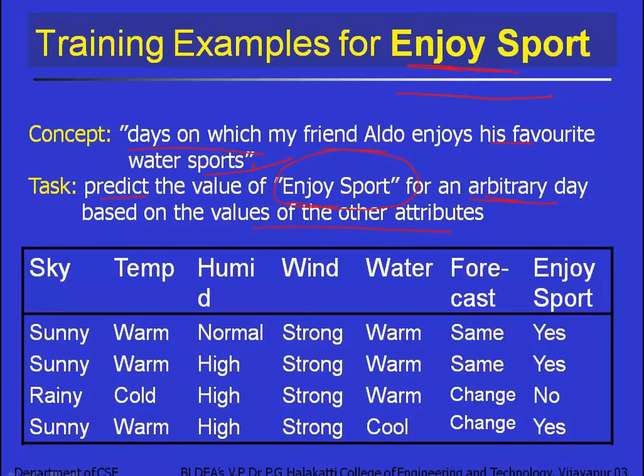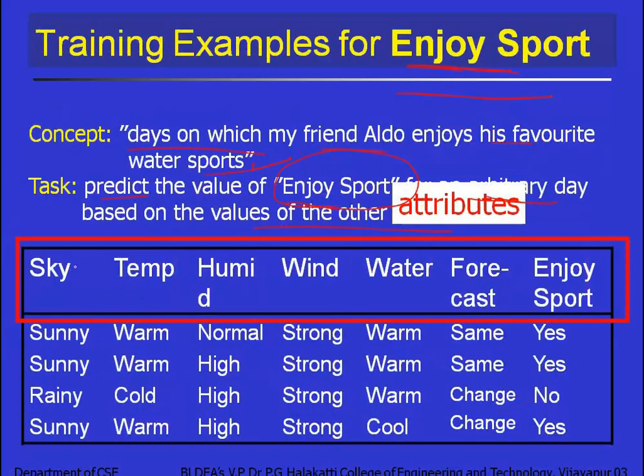See, this is in a training data set here. There are attributes here. Sky is an attribute, temperature is an attribute, humidity is an attribute, and wind, water, and forecast. These are all attributes. Based on these attribute values, we can predict the value of enjoy sports.